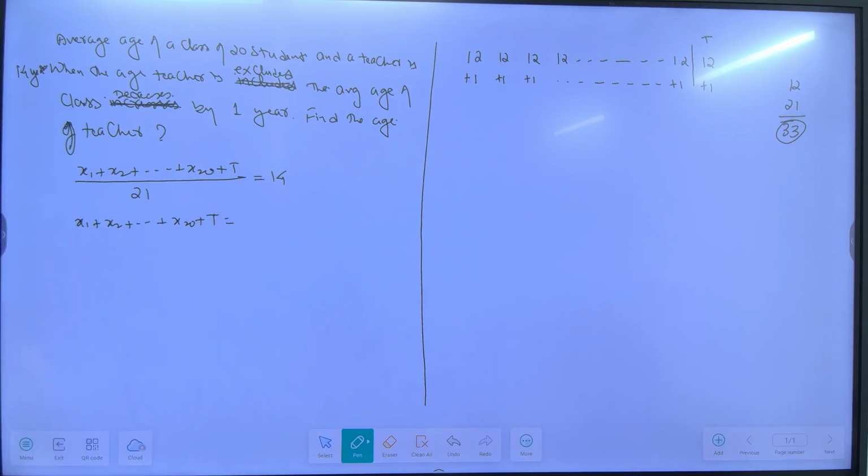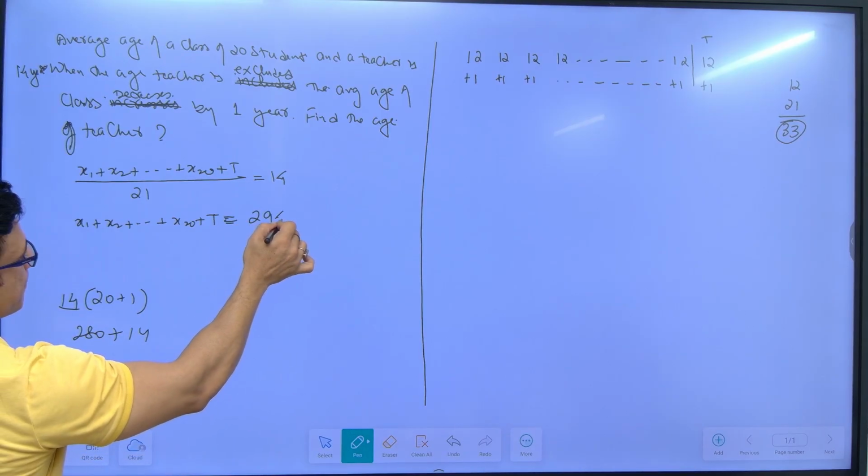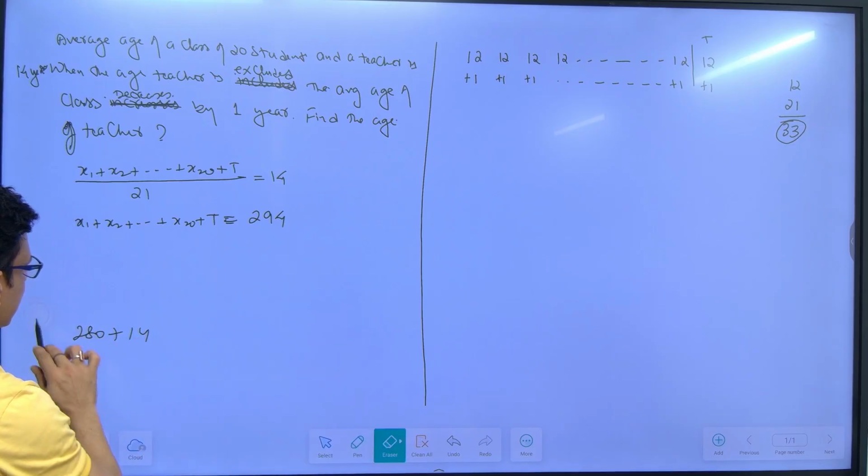It's 21 into 14. Again, as I told you, break it into 20 plus 1 and multiply with 14. 280 plus 14, that is 294.